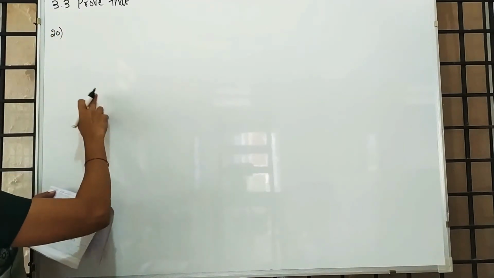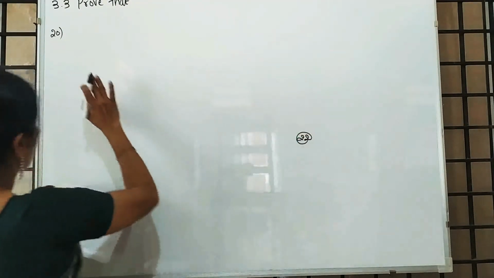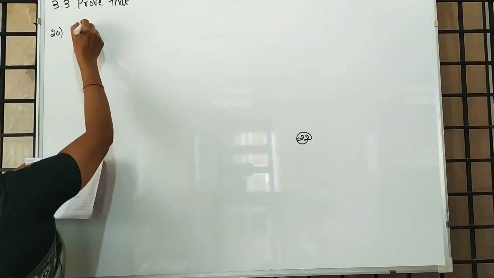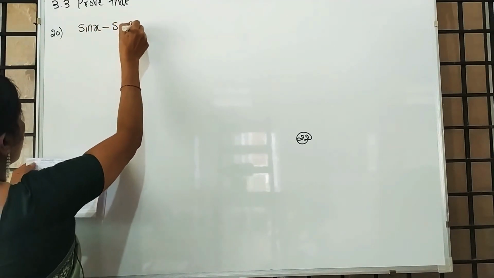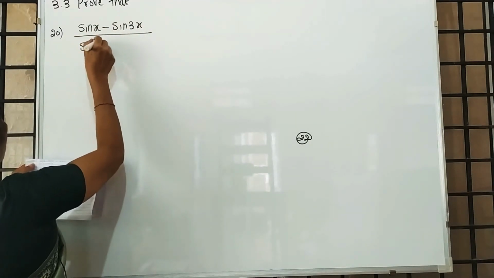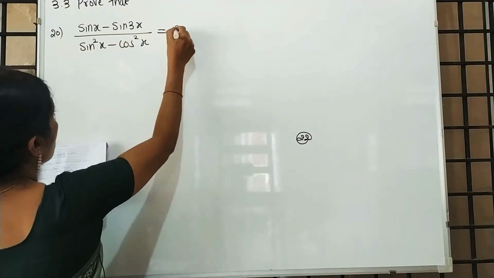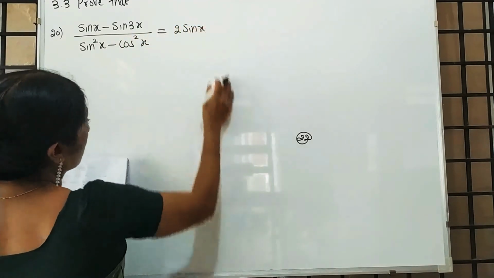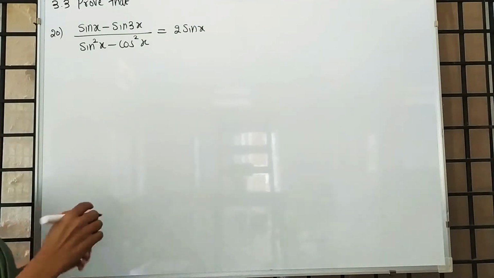Previous whatever this did, that is 22. Sorry, this is 20. 20th question I missed that. Sin x minus sin 3x divided by sin square x minus cos square x is equal to 2 sin x. This sum I missed. That's why the numbers are shuffled.